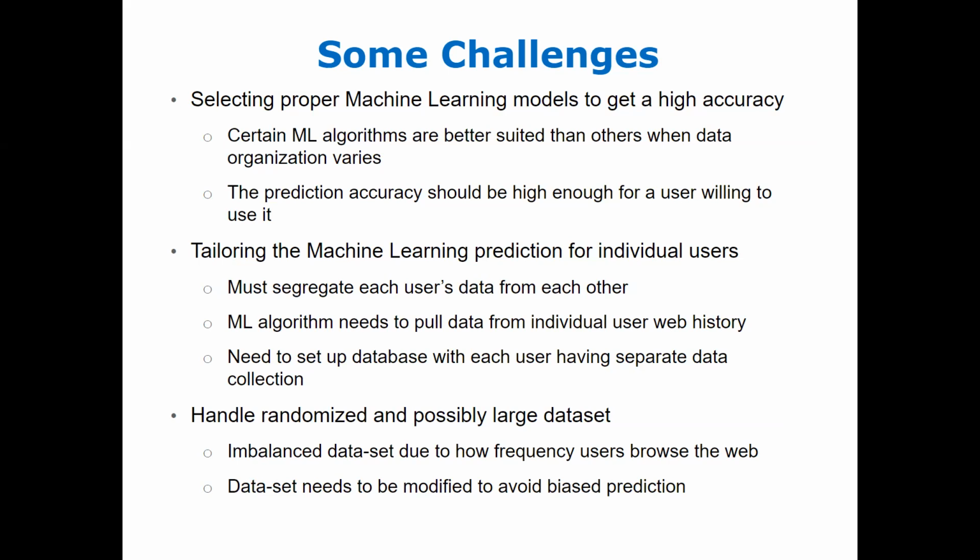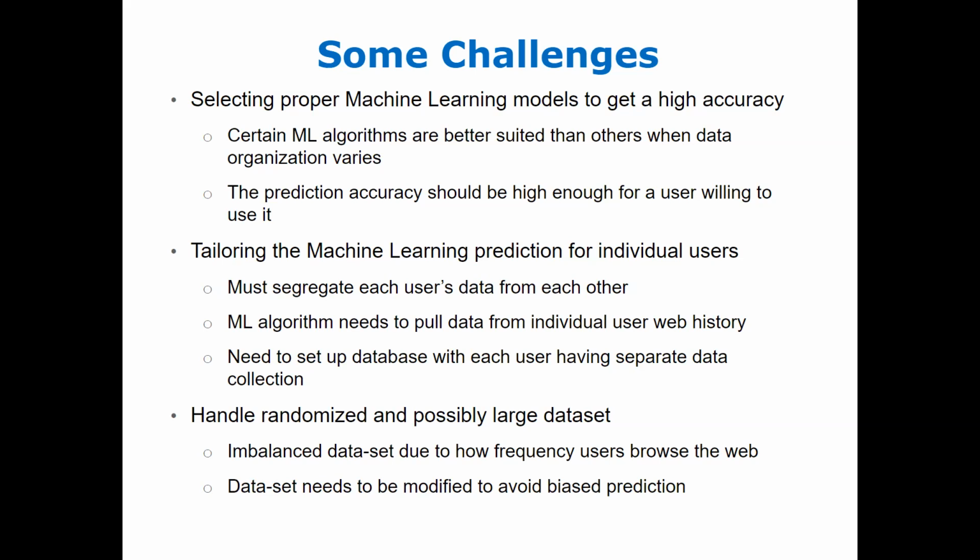And with this machine learning algorithm prediction, I had to tailor it to each specific user that wanted to use the program. So essentially, I had to find a database to store all the URLs of a user. I had to store the time and date when they open the website, and I also had to pull from the database and push things into it. Since this was my first time, that was the big general challenge.